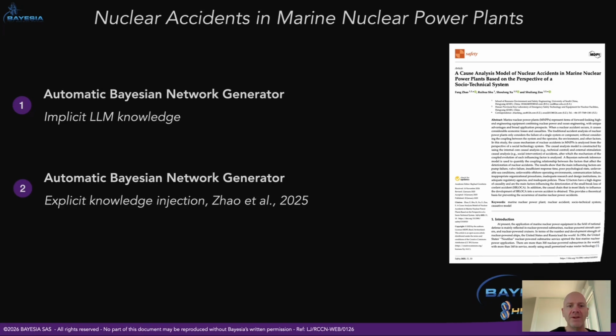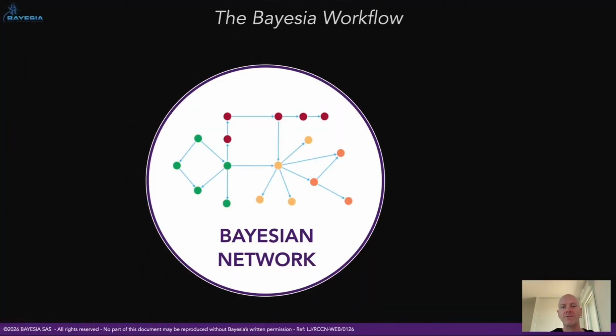So as you can see, we have lots of things to cover. And I want first to remind you of the workflow we are using now in Bayesia. We are obviously focused on Bayesian networks. This is a directed acyclic graph where you have the nodes that represent the dimensions of the domain.